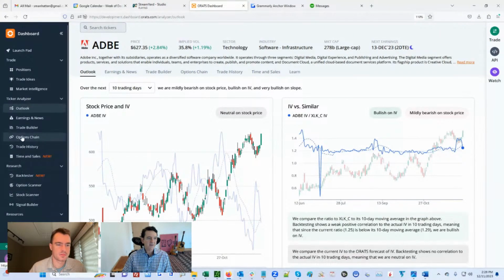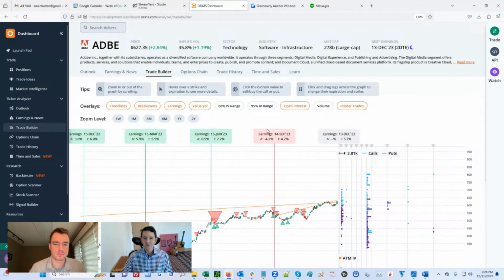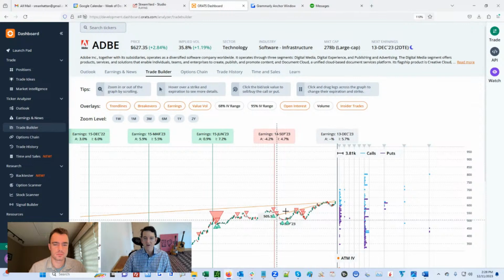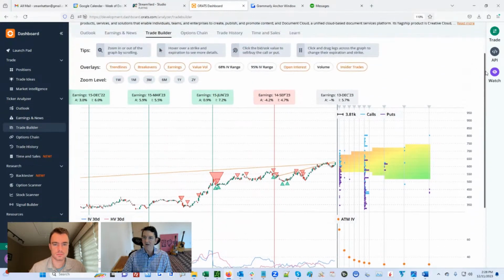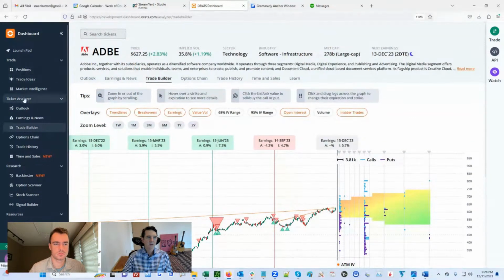So what Tyler's saying is, if I go to the trade builder, and I think we have a graph really well here, you'll see these vertical lines are earnings. So the volatility comes up and crashes down, comes up, crashes down, comes up, crashes down. That's going to really skew your results when you're looking at the Outlook page.